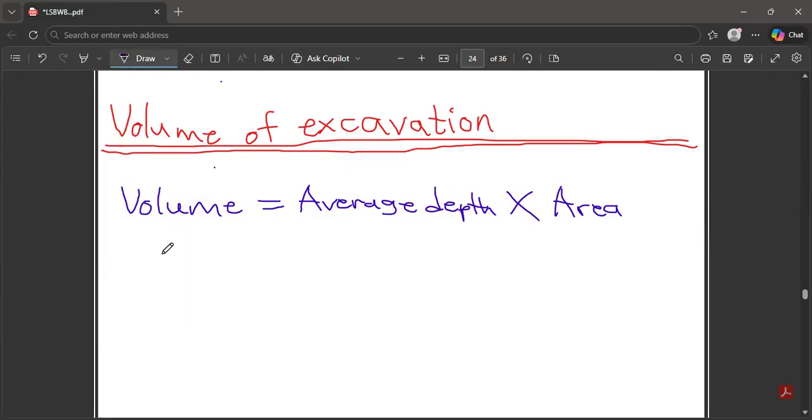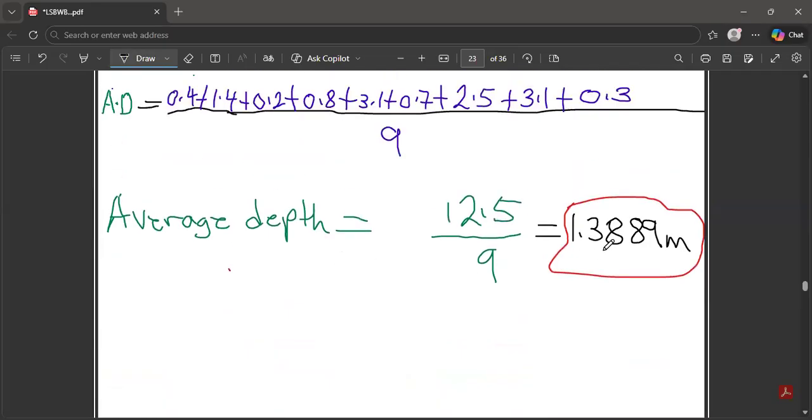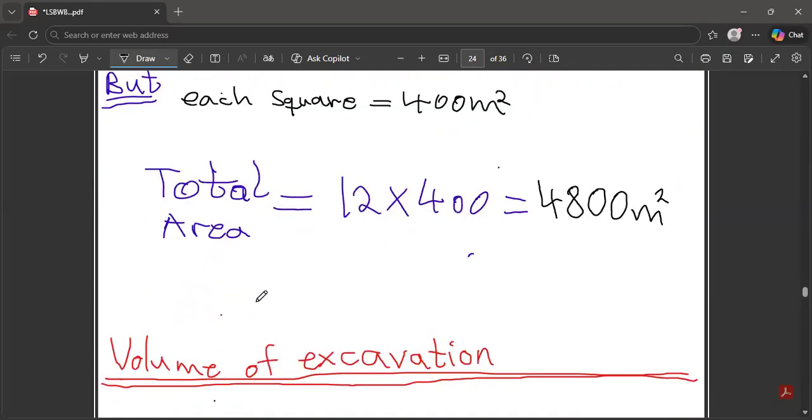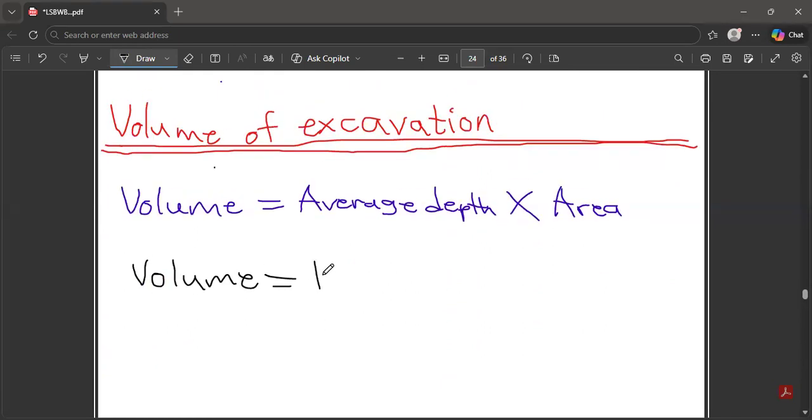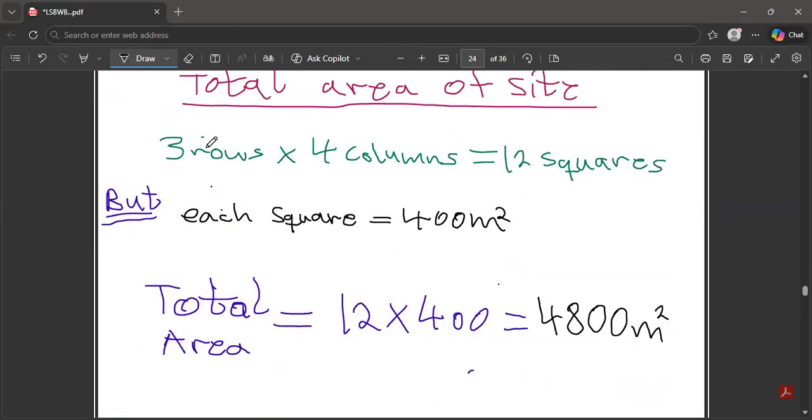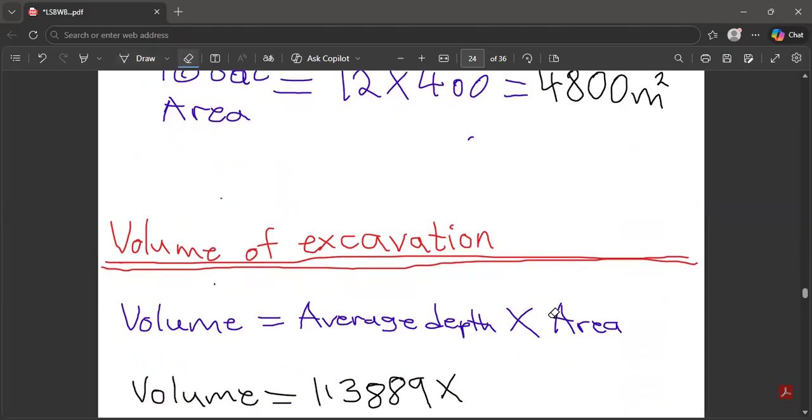So finally, we can say that our volume is equal to the calculation of the average depth. So remember, we had 1.3889 times the whole total area. It's not just any area, but it is the total area.